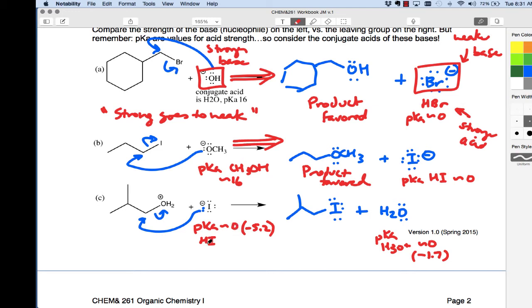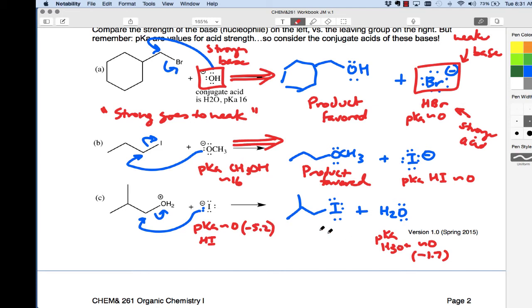So HI is negative 5.2 on the chart, and H3O plus is negative 1.7. So HI is a stronger acid by almost a difference of pKa units of 3, so that's 10 to the 3 difference. Okay, so that's actually quite a difference.